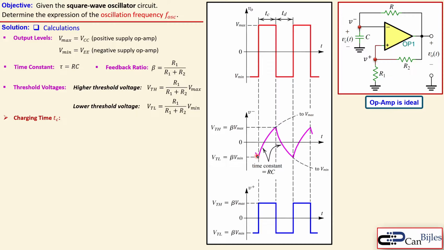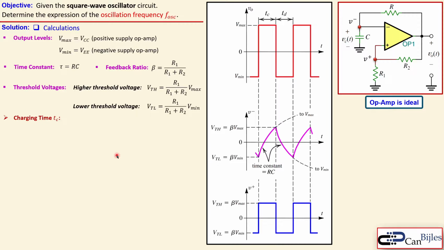It is approaching the Vmax, but then it is clamped down, because we have changed our threshold voltage to a different value. Again, it will then discharge going to the Vmin, and then you get this charging, discharging, charging, discharging curve and create this output voltage.